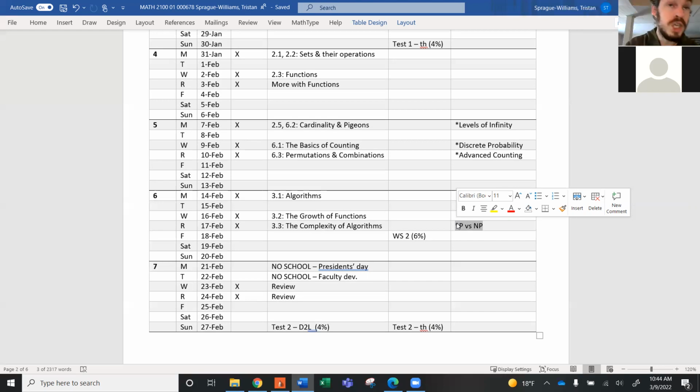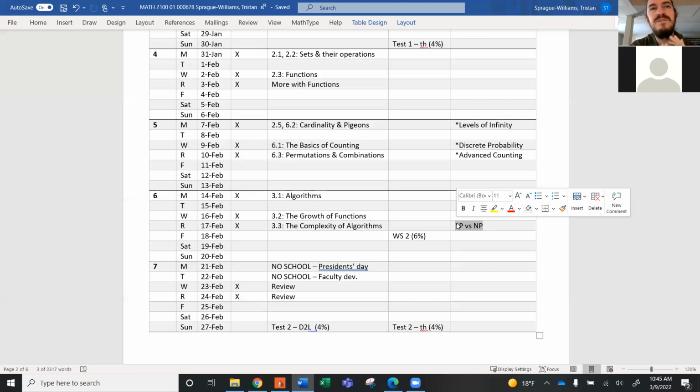And there is a huge important open question that nobody has solved yet in computer science, which is basically, is it possible to take these really complicated exponential time algorithms, and is it maybe possible to solve them in polynomial time instead?